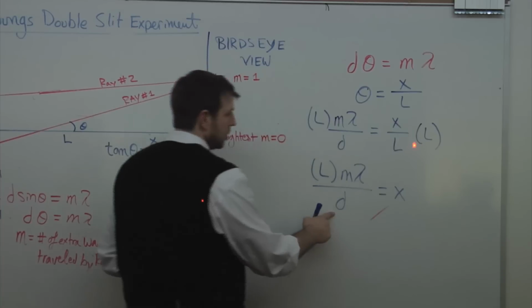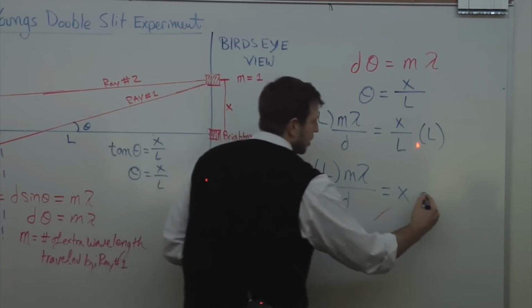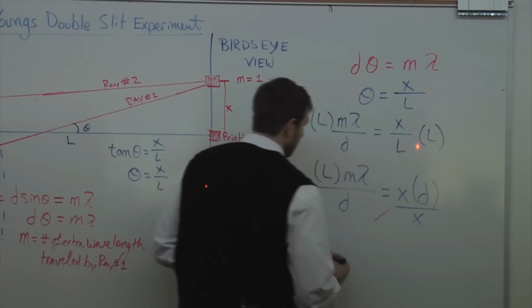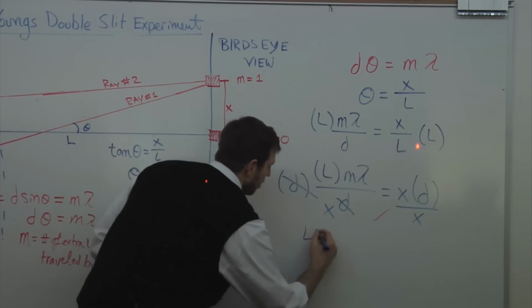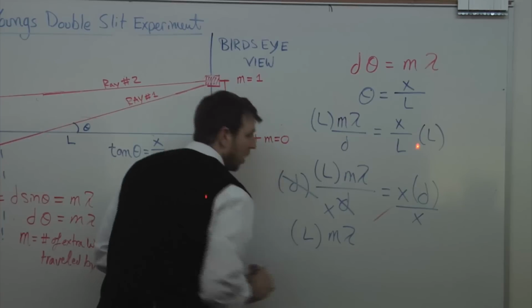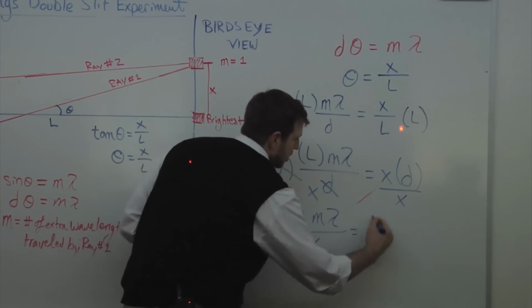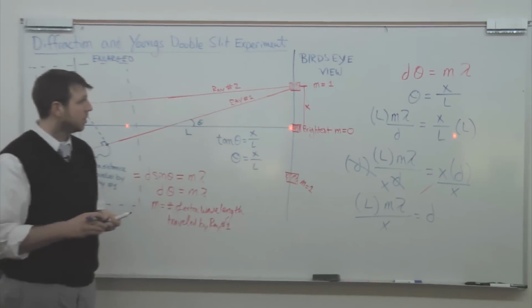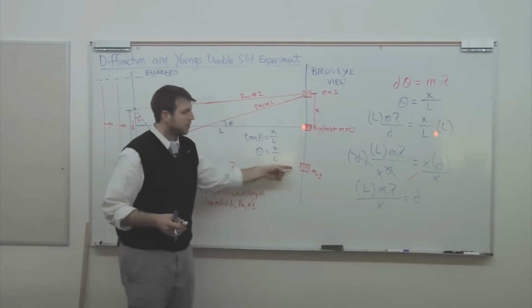Then I'm going to multiply by d on both sides, and then divide by x. And I end up with L times the number of extra wavelengths times the actual wavelength of the light divided by x equals the distance between the slits. And that's how we know the distance between our diffraction grating, or how we could determine the distance between maximas.